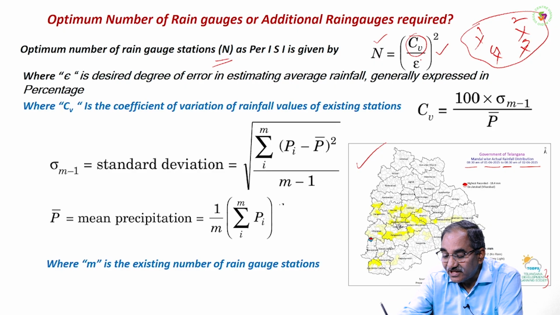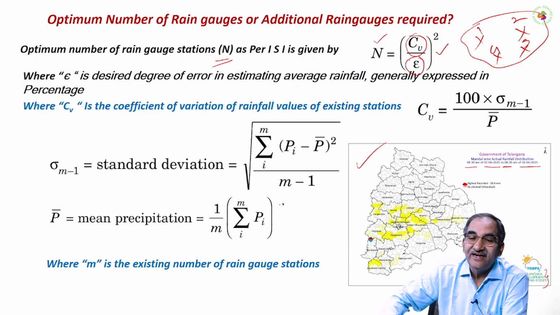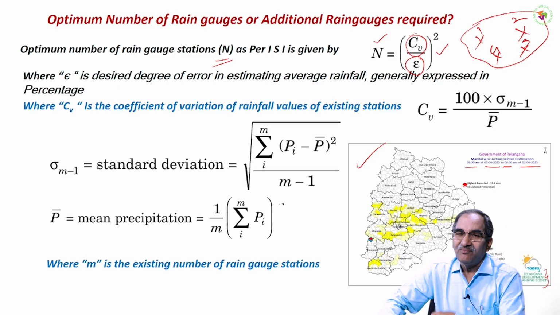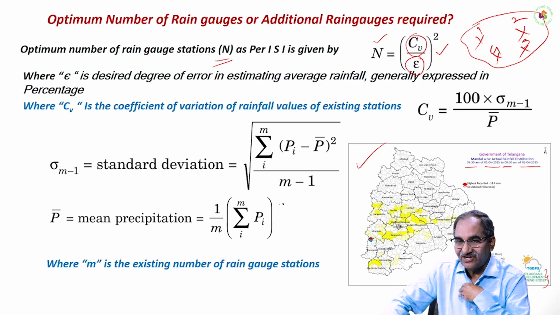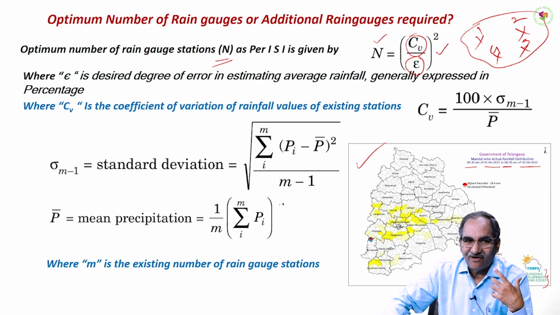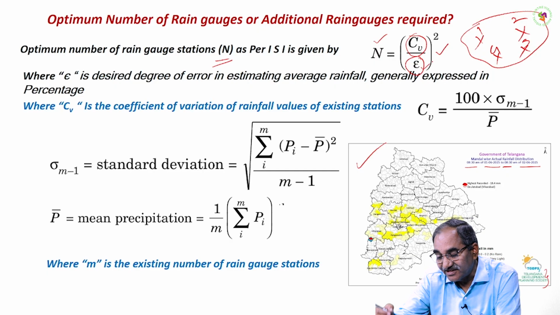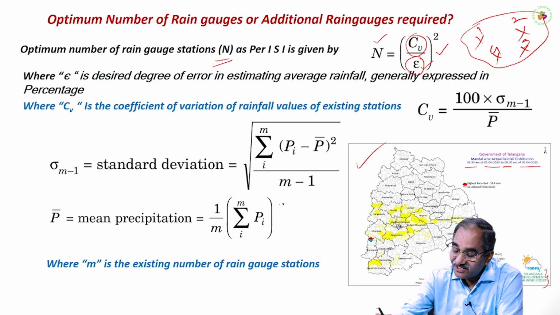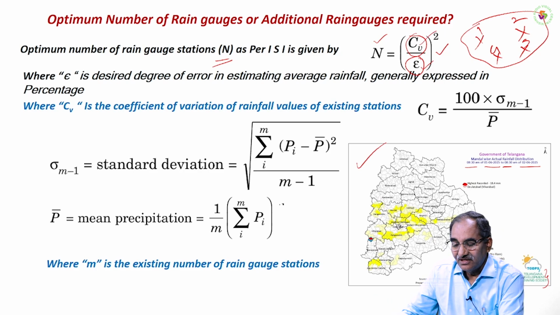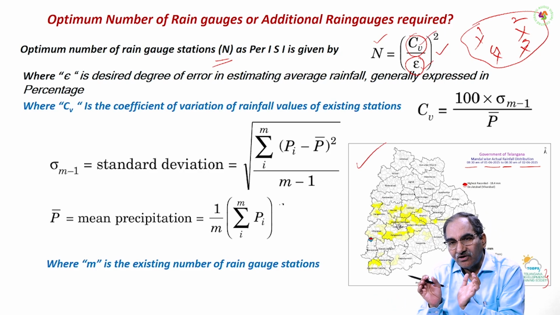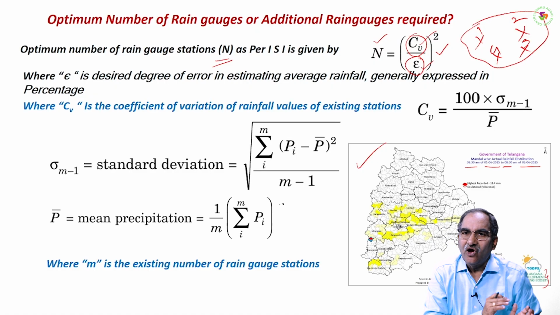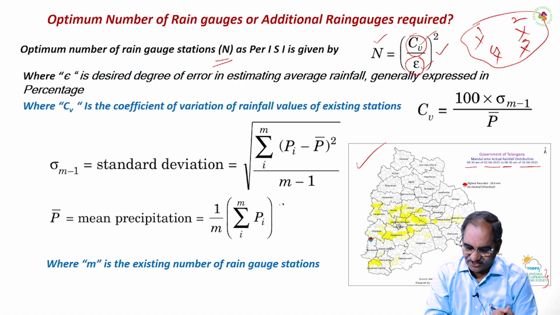Epsilon is the permitted error percentage, because when I am doing any calculation, I need to know how much percentage of error is permitted. So (CV/epsilon) whole square is equal to the optimum number of rain gauges, right?